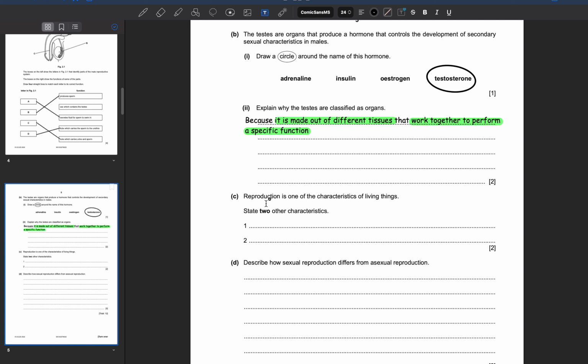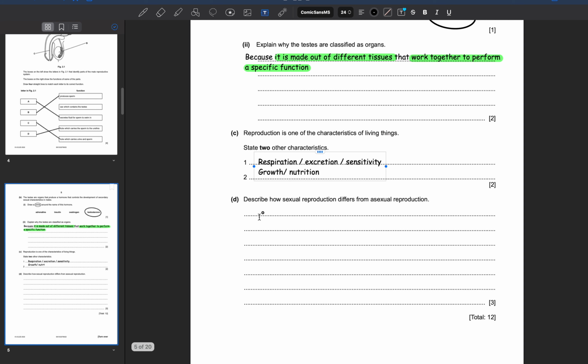He has given me one of them, which is reproduction, and wants 2 more, so I can write any of the remaining 6. We can say, for example, respiration, excretion, sensitivity, growth, and nutrition. Of course, we won't write all of these, we have to write only two. Any two of these will be right.